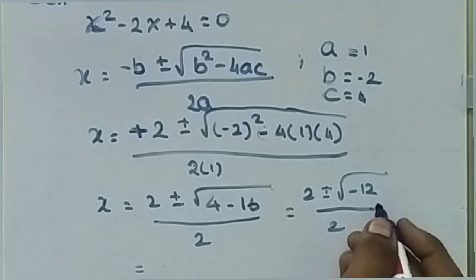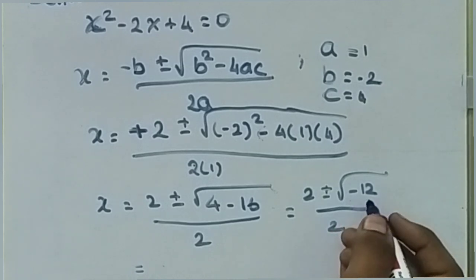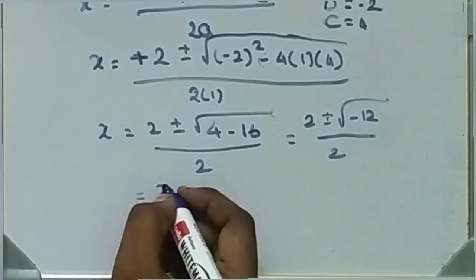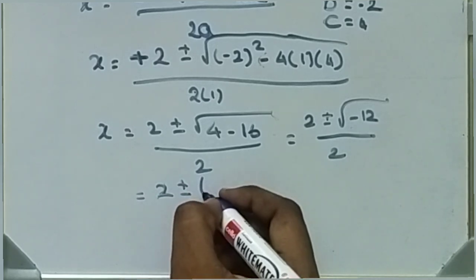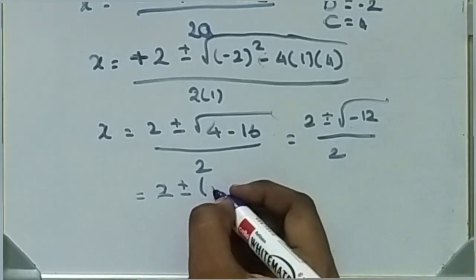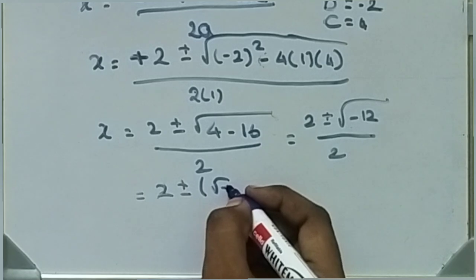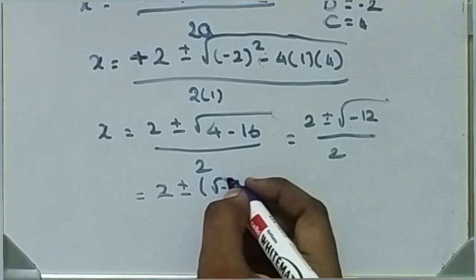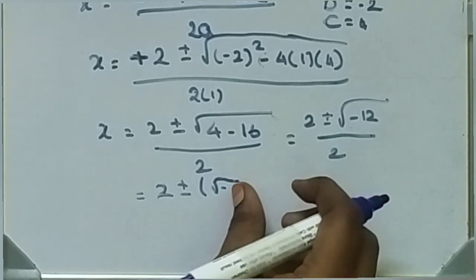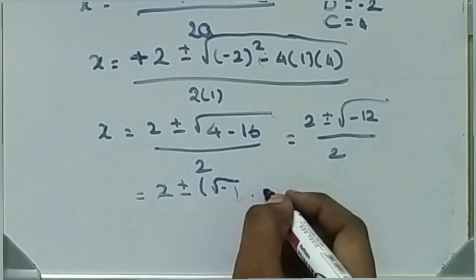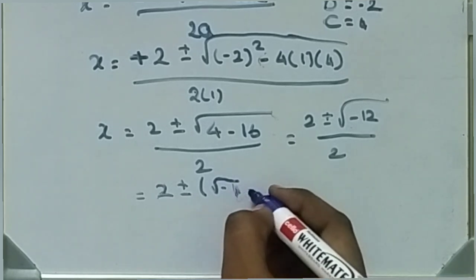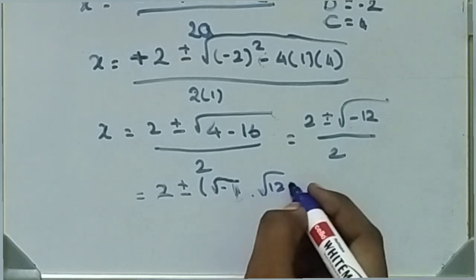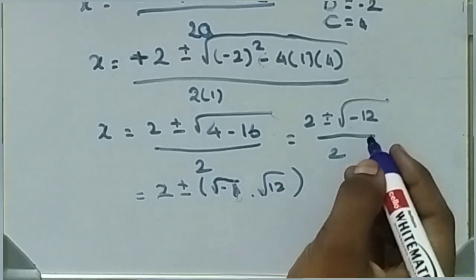Okay, how can we write this minus 12? I am writing it as 2 plus or minus the square root of minus 1 multiplied by 12. I am just separating.